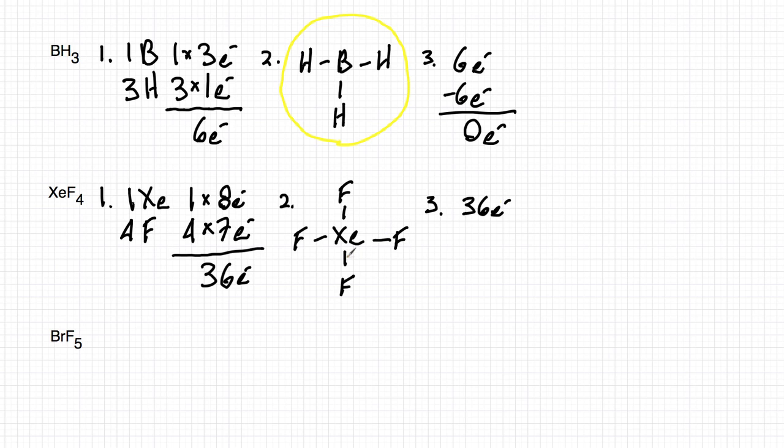And we have 2, 4, 6, 8 electrons in our trial structure. And so that means we have a whopping 28 electrons that we have yet to put down. So let's go ahead and do that. So for step 4, let me recreate the trial structure.